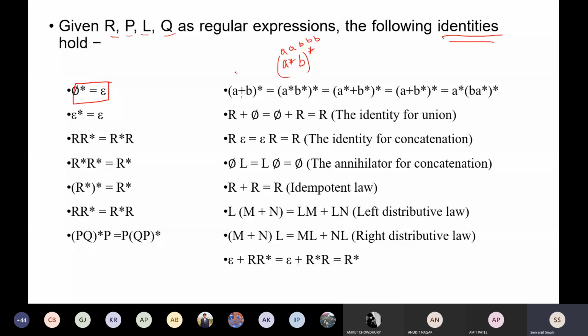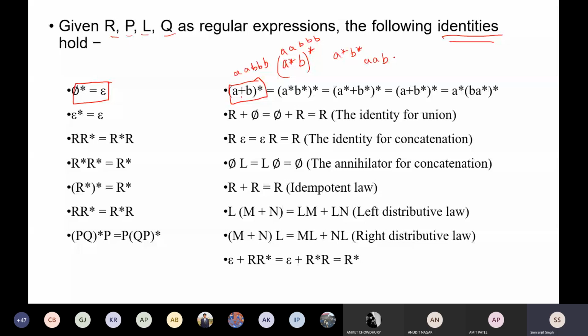In the same way, this expression can also be written like this: (a* b*)*. Why did we put the star on the whole thing? Because if you go with only a* b*, then after b, a cannot come.